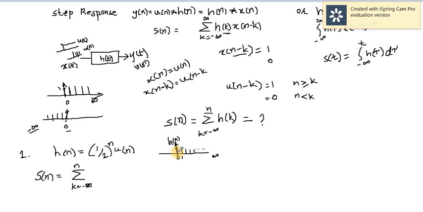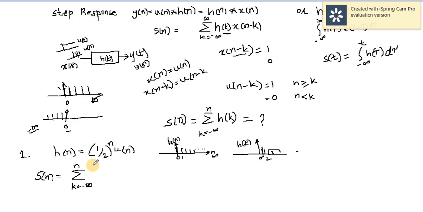Now, just to do the indexing, the same signal is represented as h of k, and in place of n, it is represented as k. So we understand that it is this kind of a signal, at h of k at 0, 1, 2, like that.